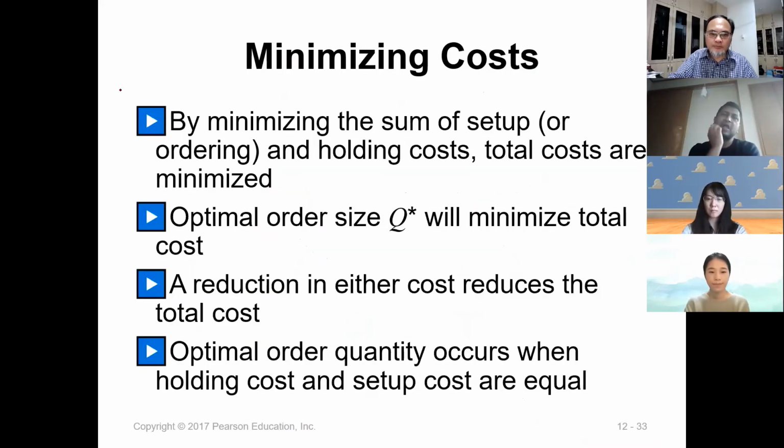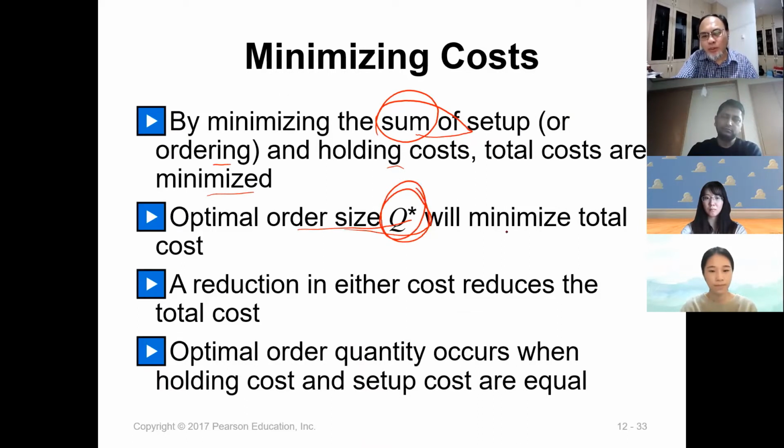By minimizing the sum of setup and holding costs, total costs are going to be minimized. Sum means total. Total of order costs and holding costs. And this optimal order quantity Q star will minimize the total cost.